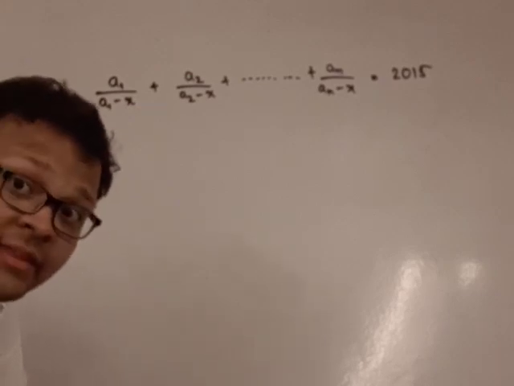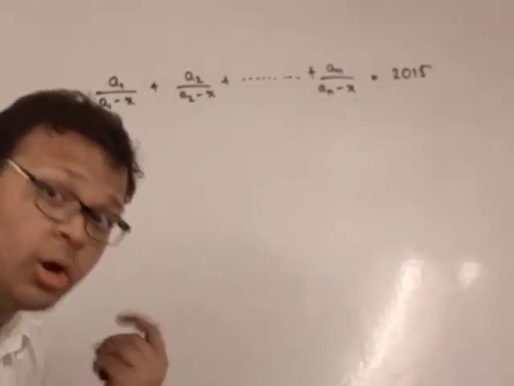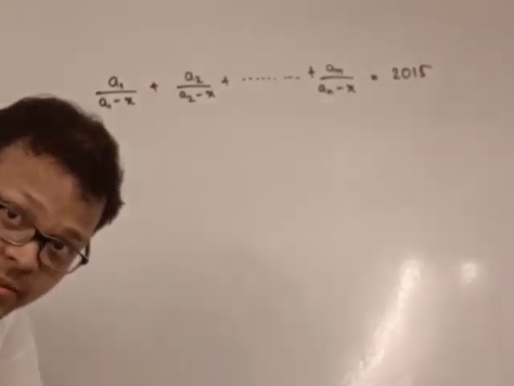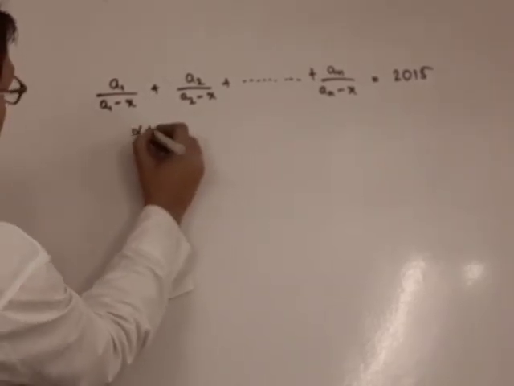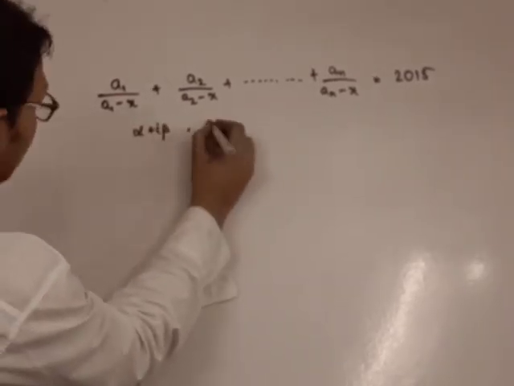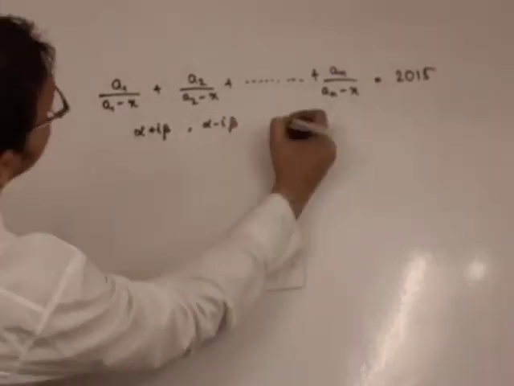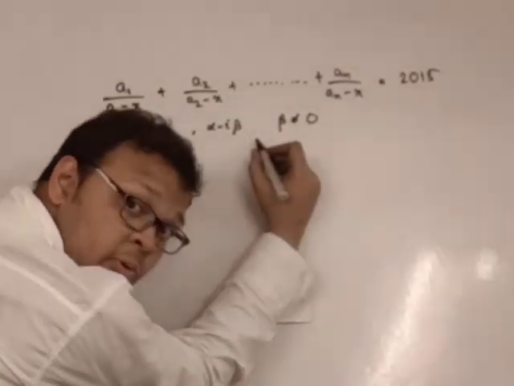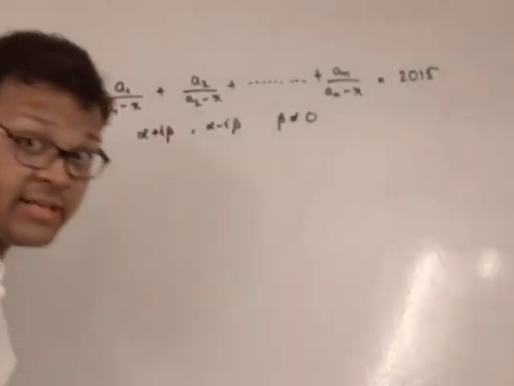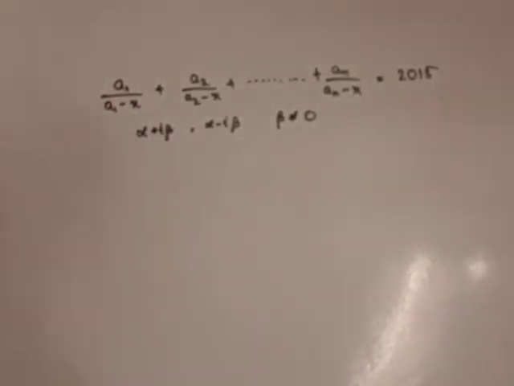So what do we assume? That there are at least two complex roots, because complex roots occur in conjugate pairs. So we assume, for contradiction, that there are two complex roots arriving in conjugate pairs, alpha plus i beta and alpha minus i beta, where beta not equal to 0 is very important. Because if beta equals 0, then this no longer remains a complex number but turns into a real number.